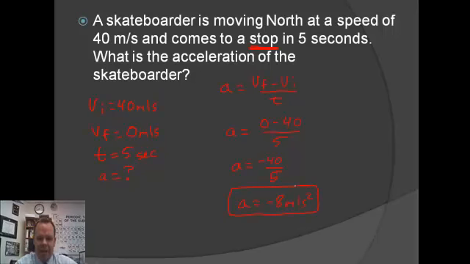Remember, in this case, our acceleration is negative. And we said that anytime the acceleration and velocity are in opposite directions, the object will be slowing down. Here the object is slowing down from 40 to rest, so it should have a negative acceleration.